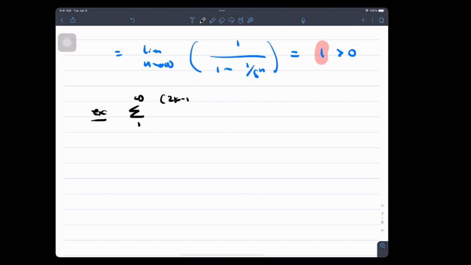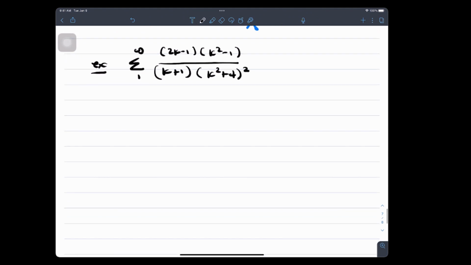Okay, now they give me 2k minus 1. Here, how about this one here? 2k minus 1 times k squared minus 1 over k plus 1 plus k squared plus 4 squared here. Let me double check.